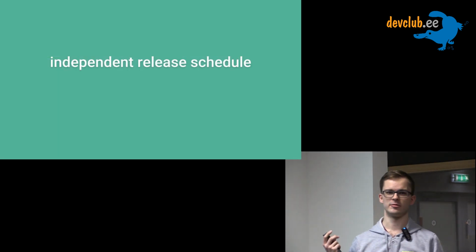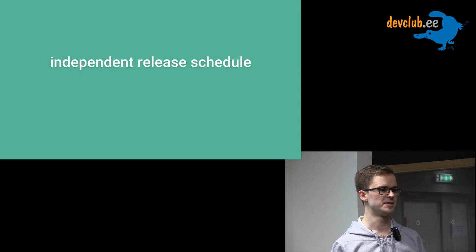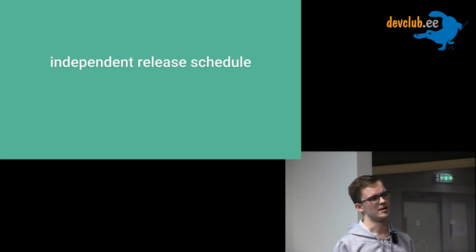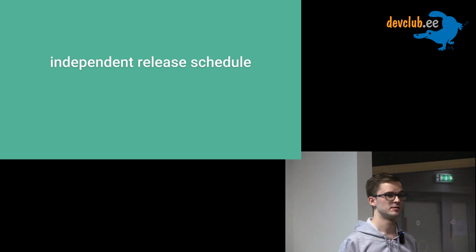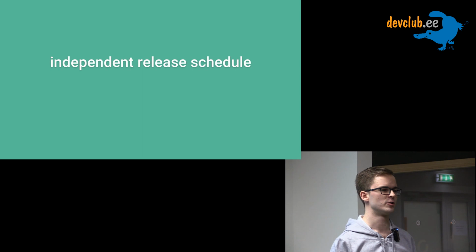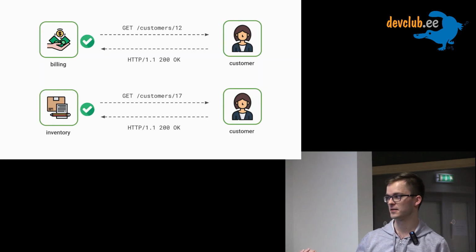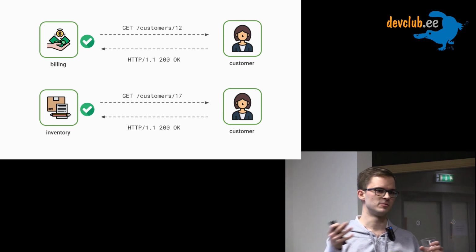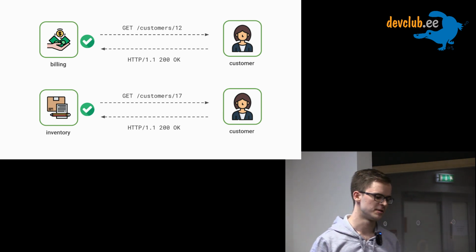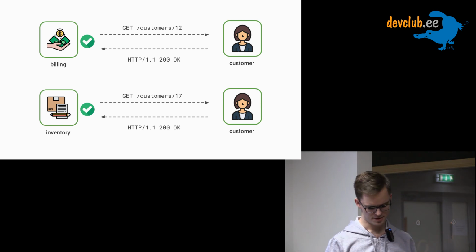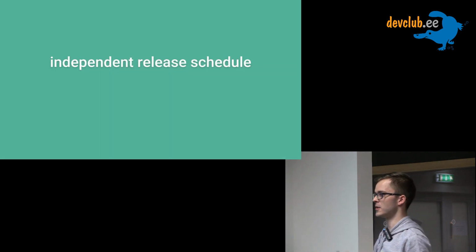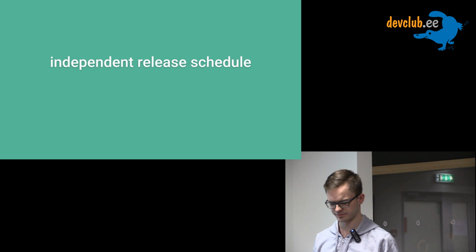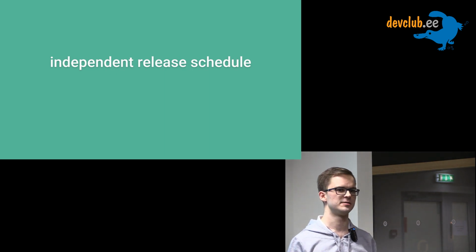But if they wanted to release their service independently from others, this kind of approach that I just showed probably would not work, because if they tested these together, they would have to deploy them together, essentially having lockstep releases. So one thing is independent release schedule. They want to make this release decision on their own and not wait for others.